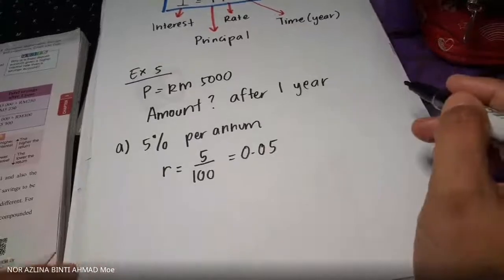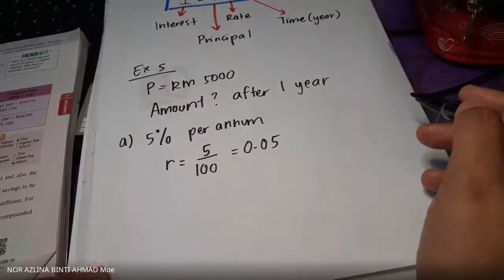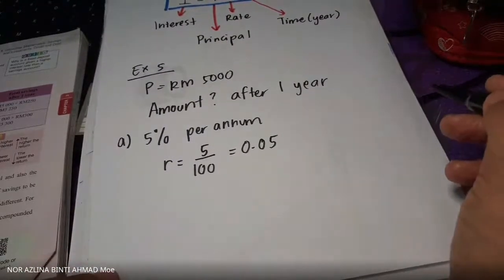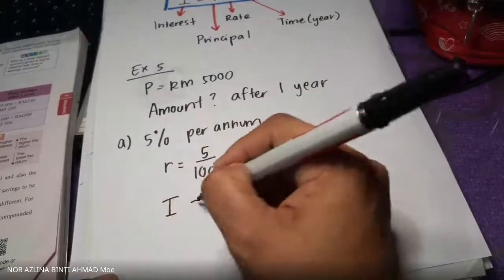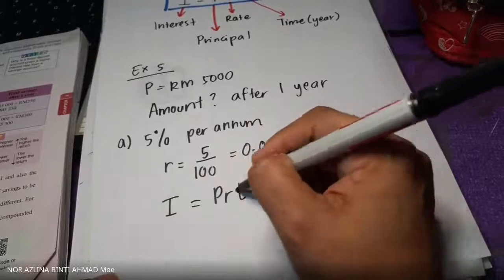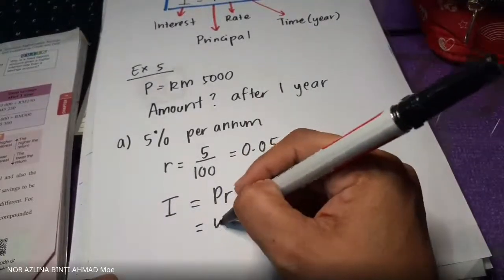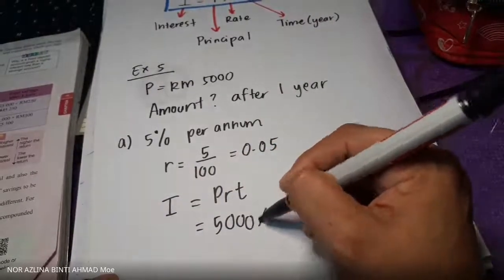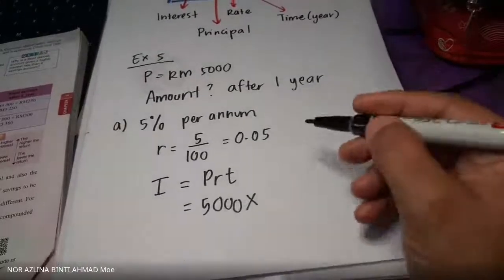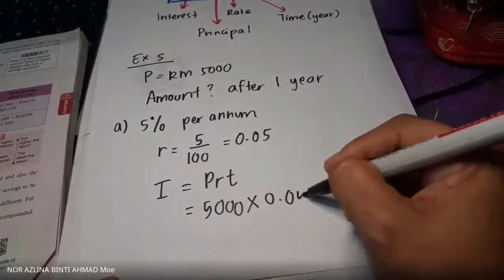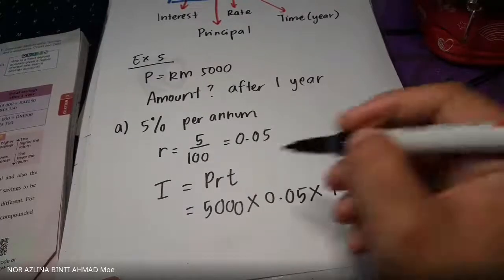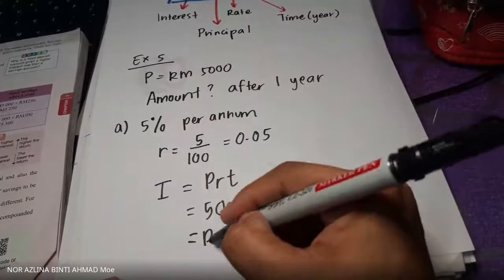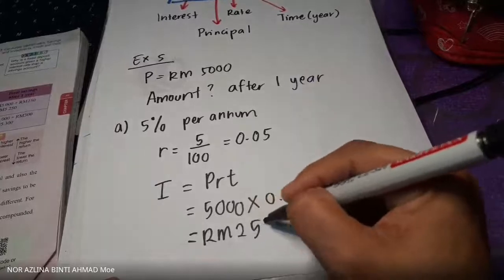The question asks you to find the amount, not interest. So we find I first. I equal to PRT. P is 5,000, multiply R is 0.05, multiply times 1 year. So we get RM 250.